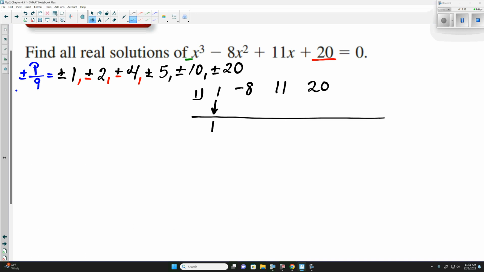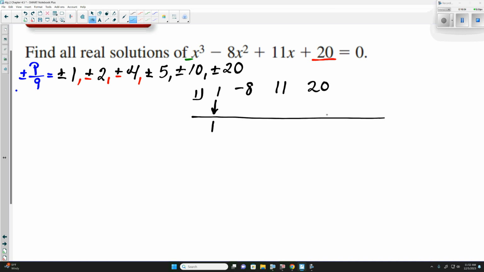So let's do this. 1 times 1 is 1, negative 8 plus 1 is negative 7. 1 times negative 7 is negative 7, 11 plus negative 7 is 4, 1 times 4 is 4, 20 plus 4 is 24. Is that the remainder that we wanted? No. So is 1 a solution? No. Okay.